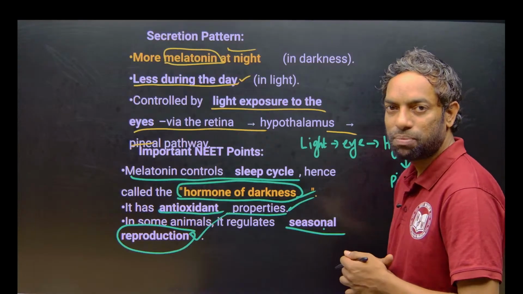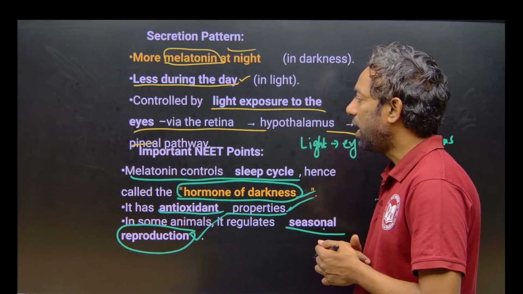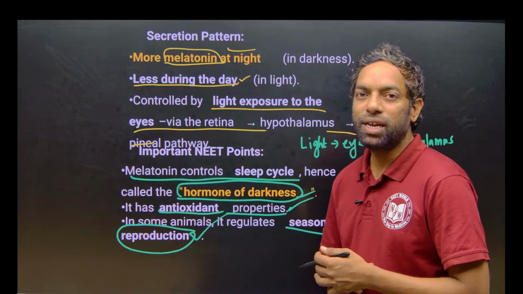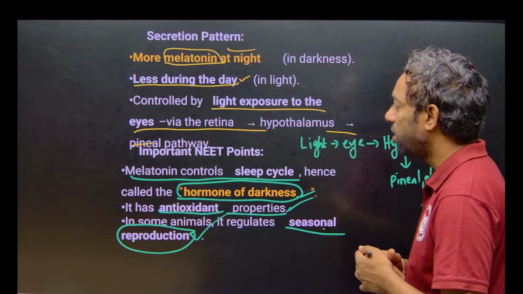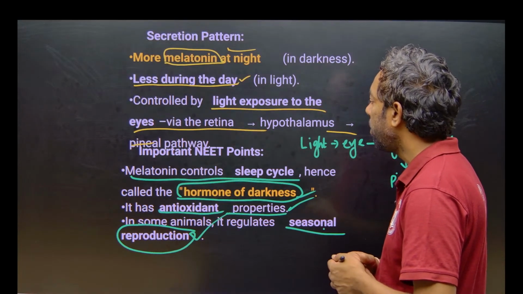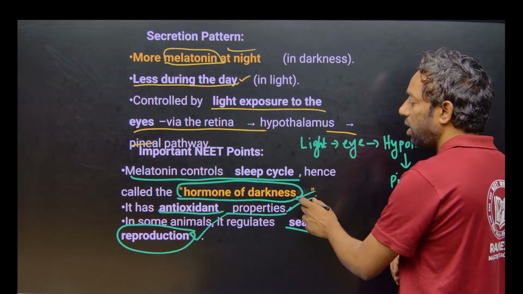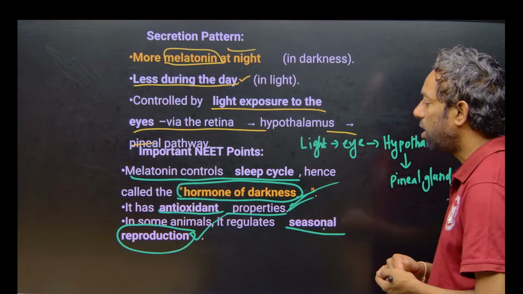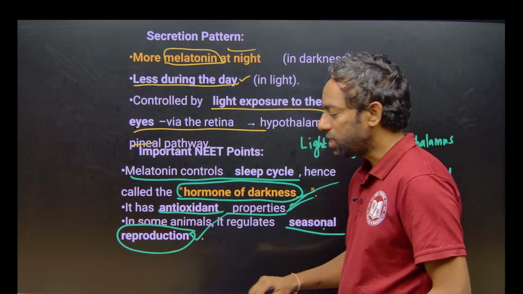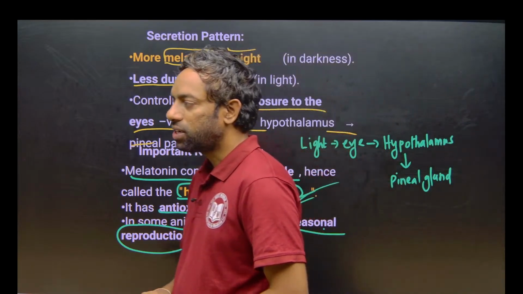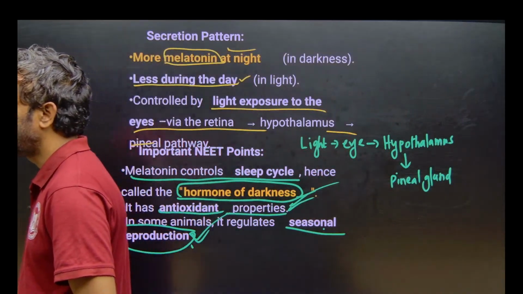Light reaches your hypothalamus and impacts the pineal pathway. Melatonin controls the sleep cycle, and we call it the hormone of darkness. In some species it can also affect the reproductive system.